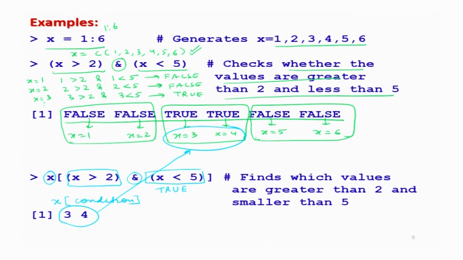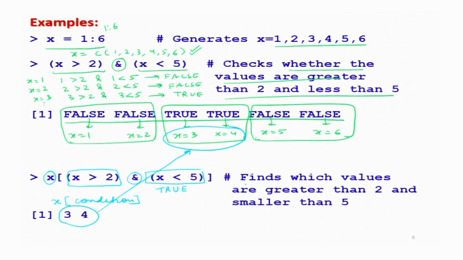So now the rule is very simple. In case you want to judge whether a condition is true or false, you can simply write the condition. And if you want to know how many values in that data vector satisfy the condition, you have to write in this particular way: write the symbol of the data vector, and inside the square brackets write down the condition, and this will give you the values.